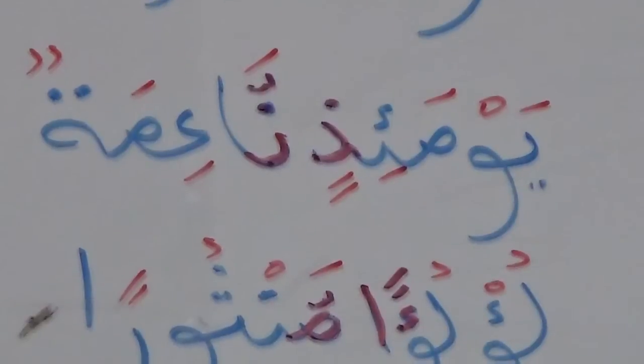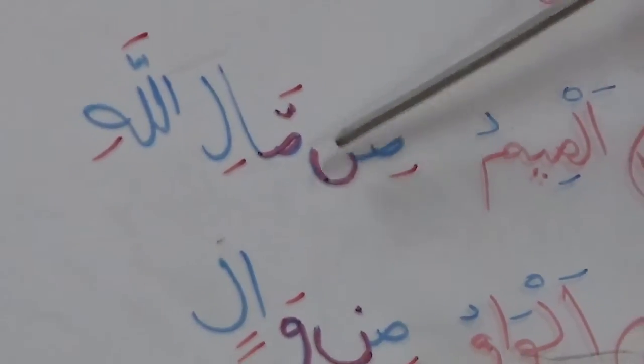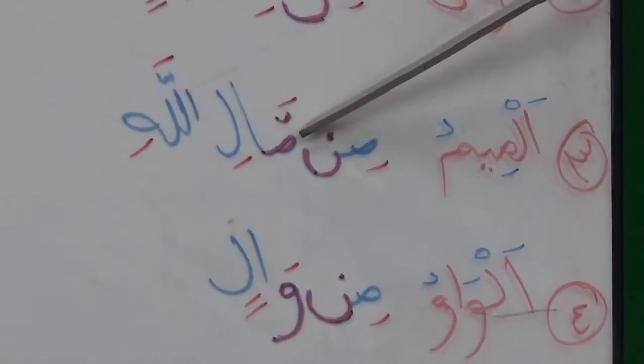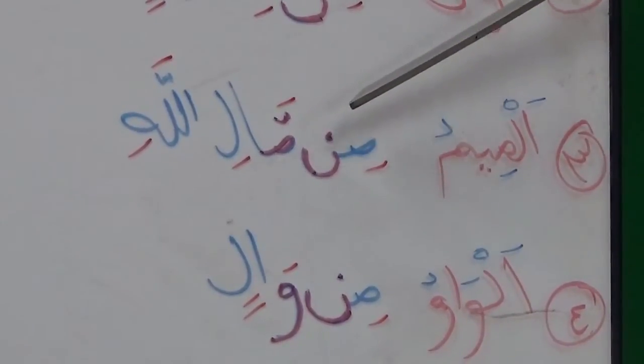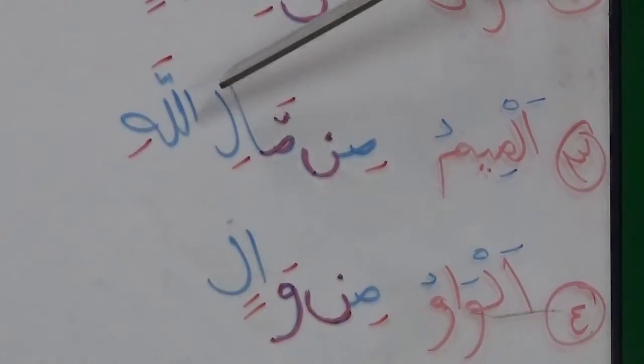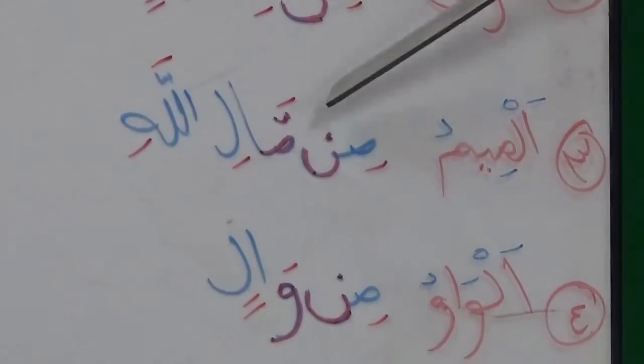So yawma idhin na'imah. Al-mim. I have a noon that has a sukoon followed by a mim. So here I know that this noon is going inside the mim and I'm spending time. Right? Mimma lillahi alladhi ataakum. Right?